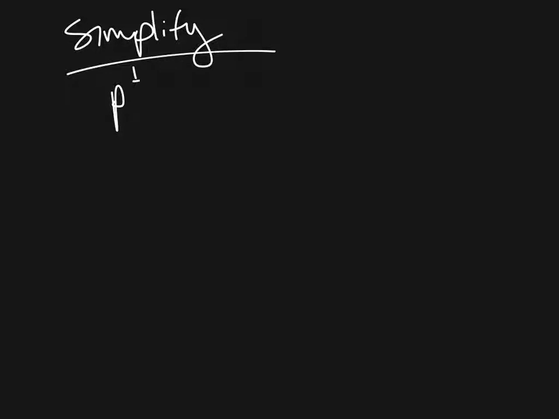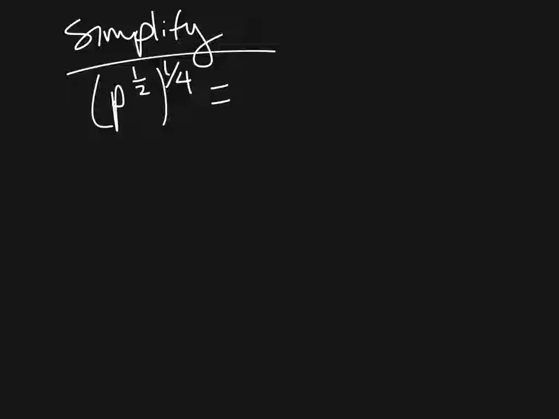So expanding out works really well when we forget our rules, but sometimes it's going to be kind of hard to expand out. So if you had to simplify, and you had fractions, you had p to the 1/2 to the 1/4. Well, I don't know how to multiply something by itself 1/4 of a time. Okay?